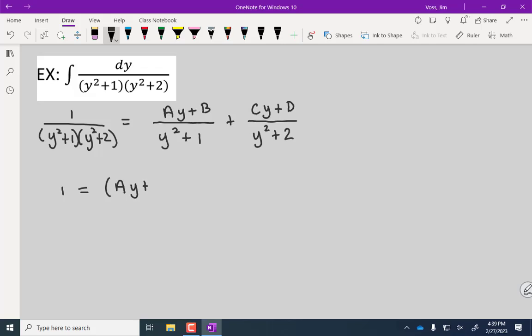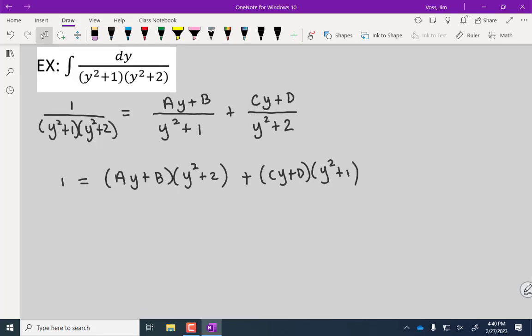And on the right, you should end up with that first and this second. Make sense? Everybody sees how to do the algebra there?